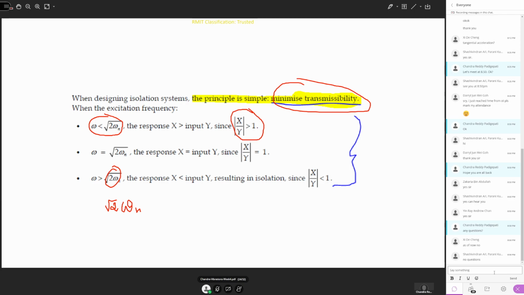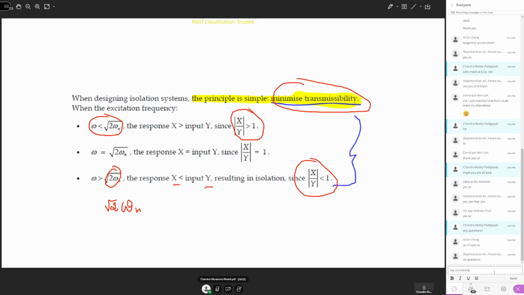When the external frequency is greater than root 2 times omega n, the response amplitude x is less than the input amplitude y. Therefore, this results in isolation, which is a desirable case.